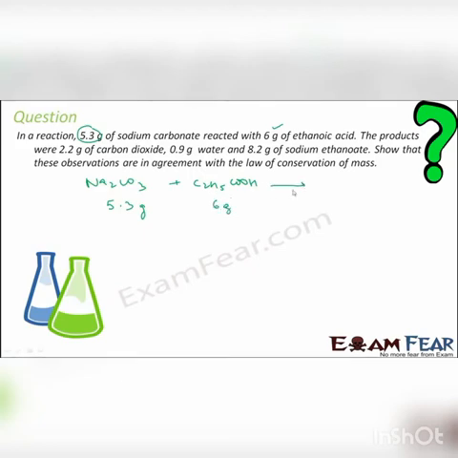The products were 2.2 gram of carbon dioxide, 0.9 gram of water, and 8.2 gram of sodium ethanoate. Show that these observations are in agreement with the law of conservation of mass.